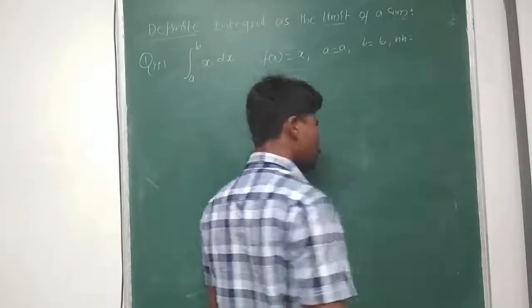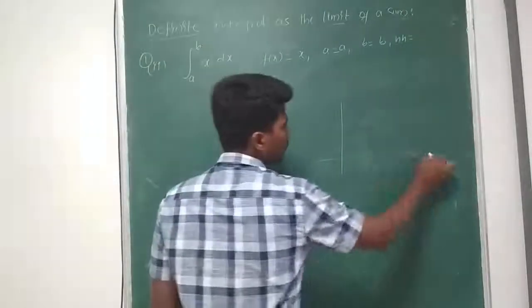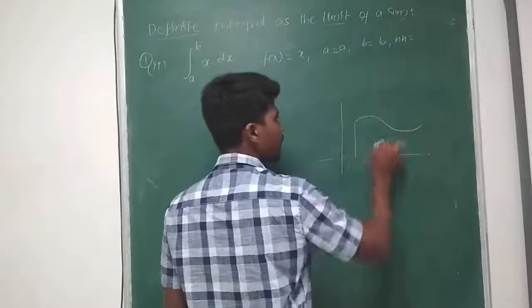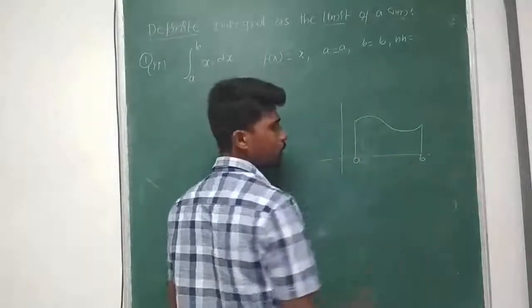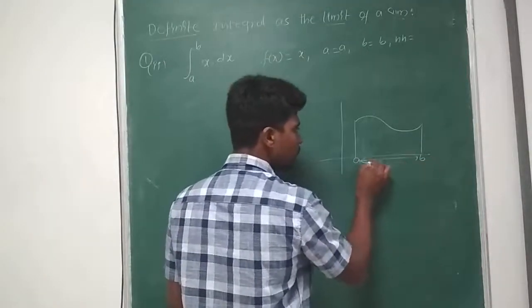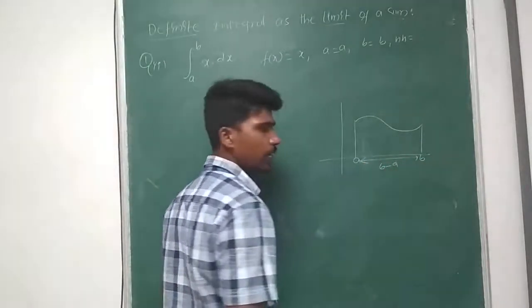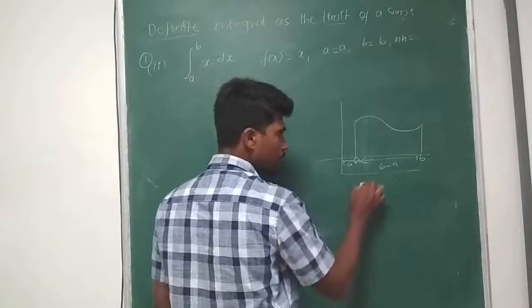What does n into h mean? See, I have this function, and from the beginning to the end, this is a and this is b. If I want to find this particular length, which is nothing but b minus a, the x coordinate is a and the next x coordinate is b.